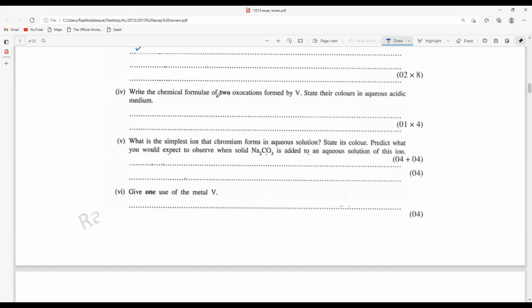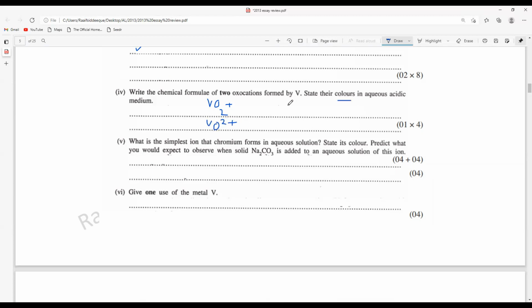Write the chemical formula of the two oxocations. Again, I have mentioned there VO2+ and VO2+, so you can write both.